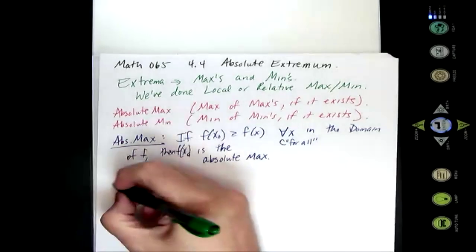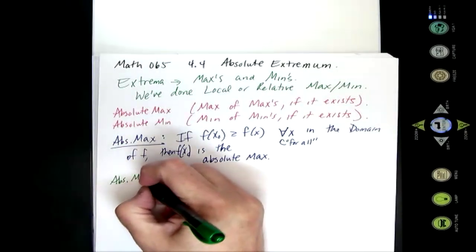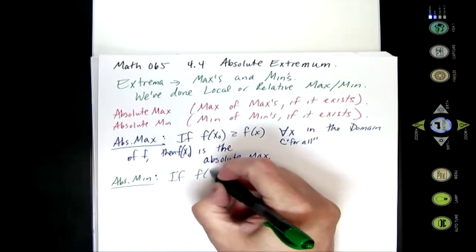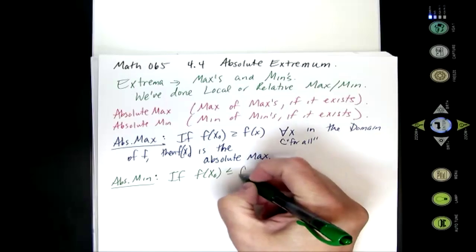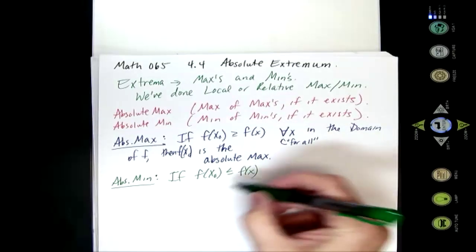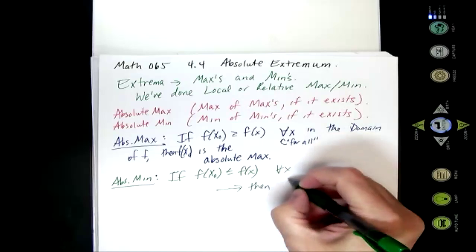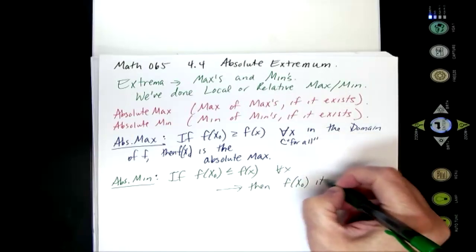And absolute min says the same thing, but it changes it to if f of x naught is less than or equal to f of x for all x, then f of x naught is the absolute min.